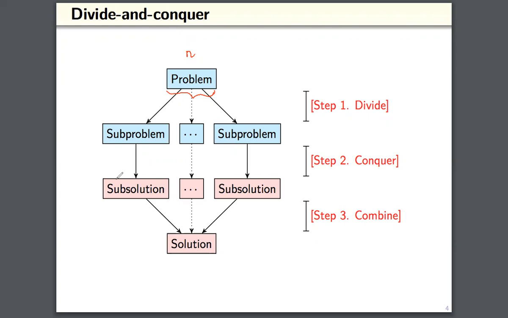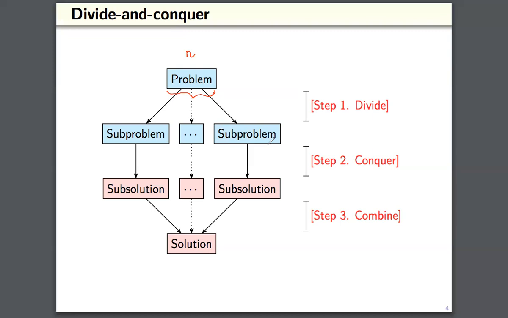And then you split this problem into multiple subproblems, 2 or more. Why 2 or more? What if it is 1? If it is 1, we have already seen that technique before. We called it decrease and conquer, and not divide and conquer.